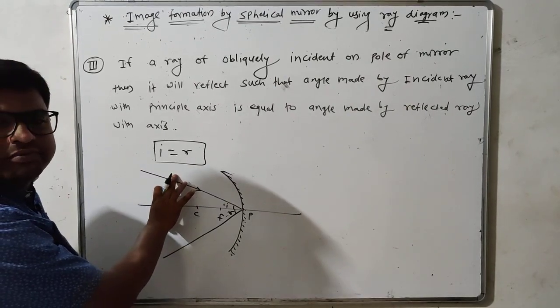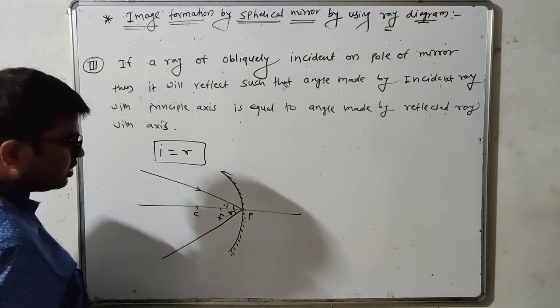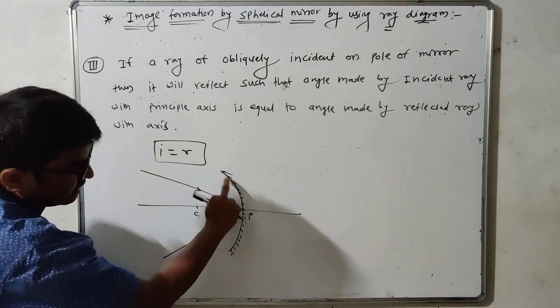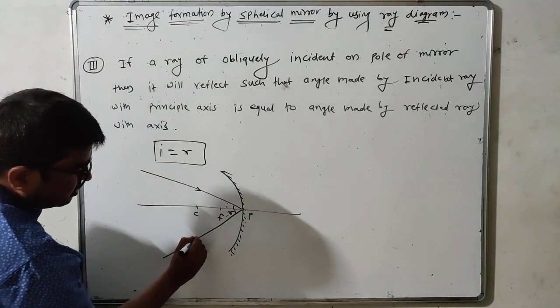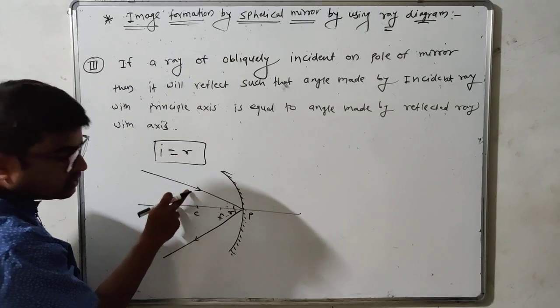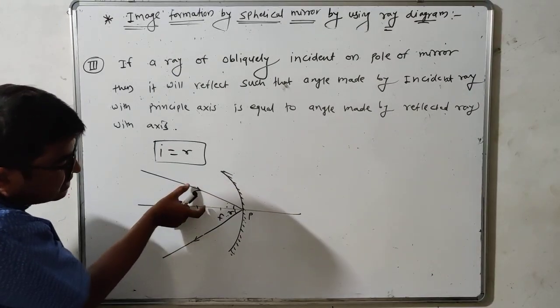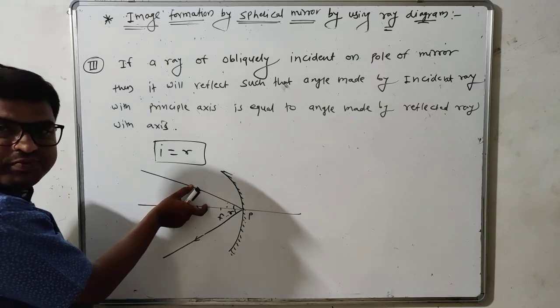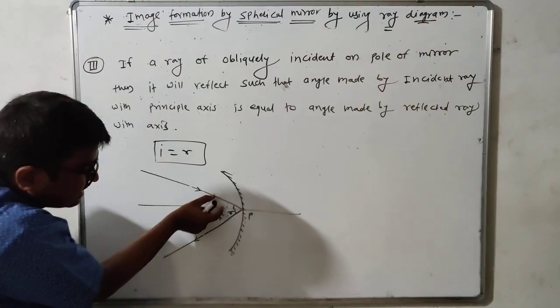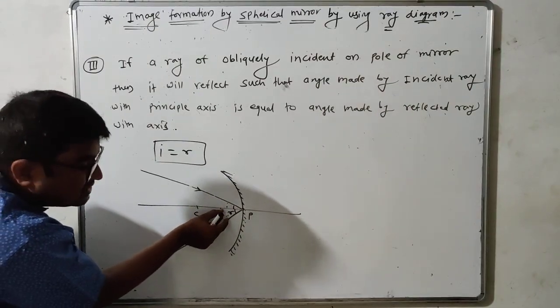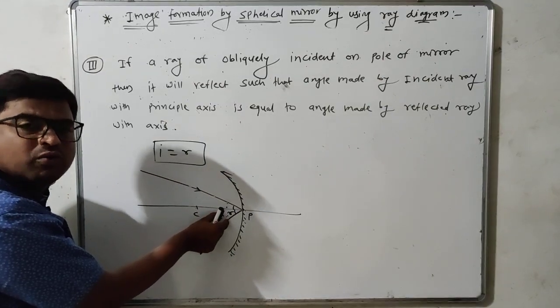Got it? This mirror will reflect this ray such that the angle made by these two is the same as the angle made by these two, because this is the angle of incidence and this is the angle of reflection. Why?